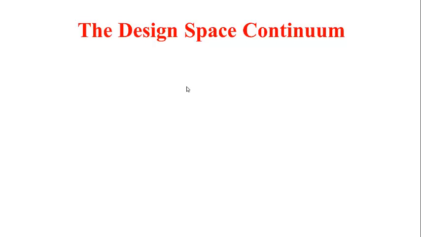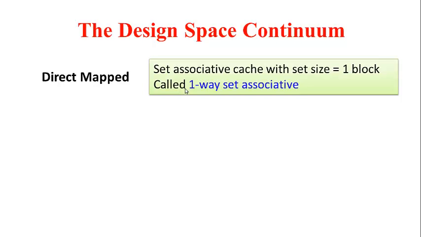So we have seen 3 kinds of cache design: direct map, fully associative, and set associative. Well, it turns out they are all different points of design in the same design space continuum. In the case of direct map cache, it is nothing but a set associative cache where the set size is nothing but one block.